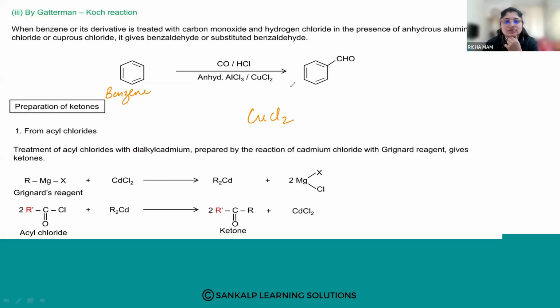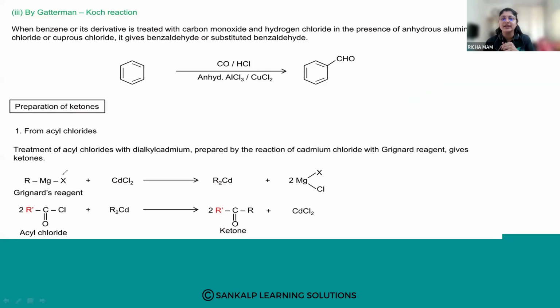What is the oxidation state of copper here? Chlorine's oxidation state is -1. There are two, right? So this becomes -2, so copper is +2. So the oxidation state of copper is +2. Okay, so that is cupric chloride.